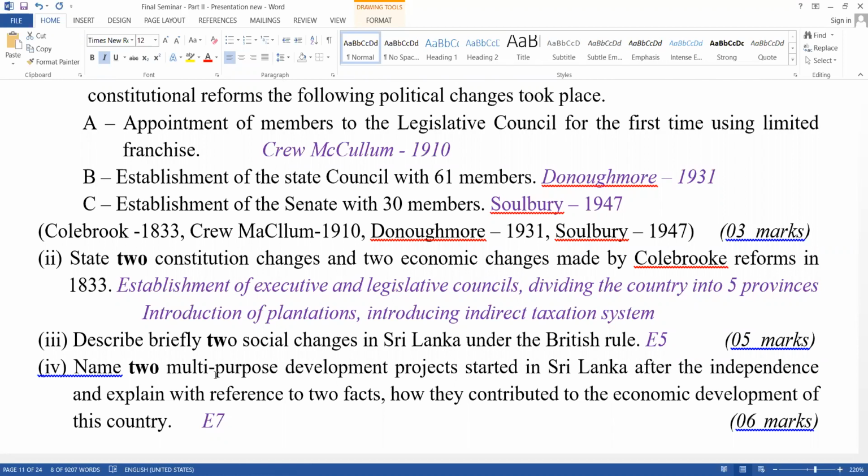Now you can see any question of past papers. Any past paper question can be answered using this guideline, the tube. So you can believe me that this time also you can write answers successfully by studying this tube. So here I gave you the confidence. You see any question.